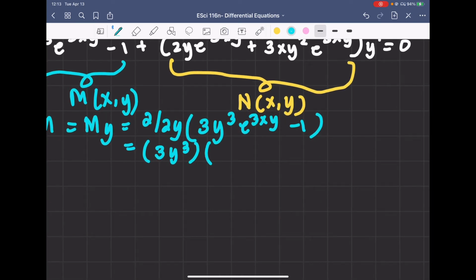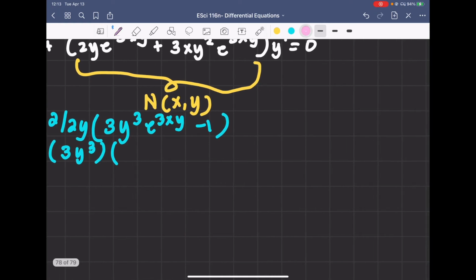If you can remember, the derivative of e to the u is simply du times e to the u.